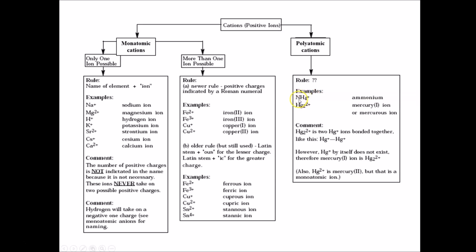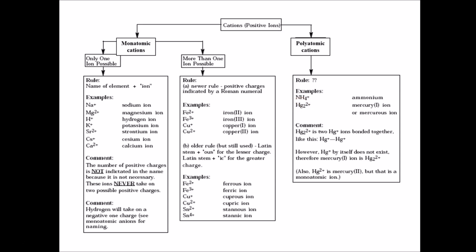A nitrogen and 4 hydrogens all got together, and they have a positive 1 charge. That ion, that whole group, is called ammonium. You're not going to find it on the periodic table. There isn't an element ammonium because this is more than one element. This is a group of elements together. So they have their own special name.